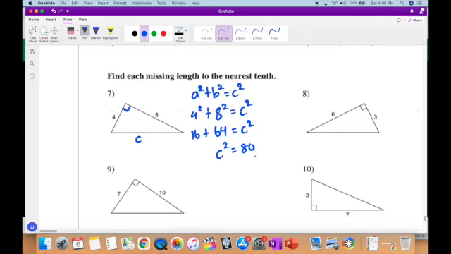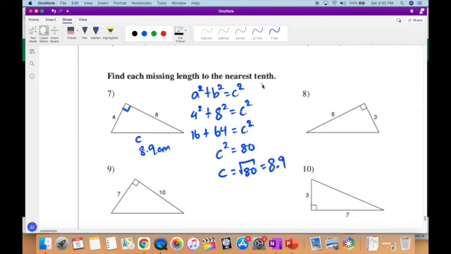Right? So how do I find the answer from there? Square root. Yes, right? Shazay, you understand that? Yes, sir. So now C is equal to the square root of 80, which I believe is maybe 8.9-ish, somewhere around there. So now, 8.9 centimeters. You understand, Shazay? Yes, sir.